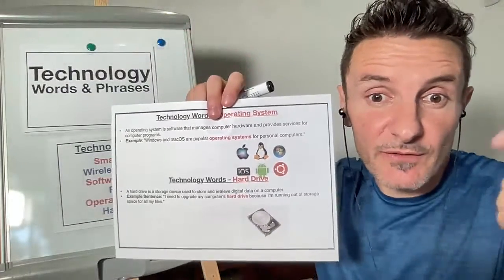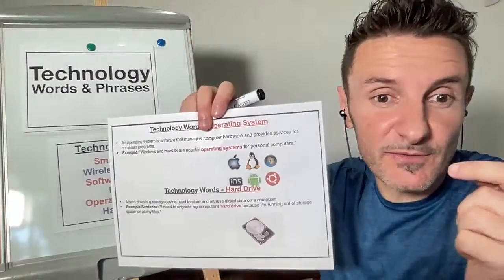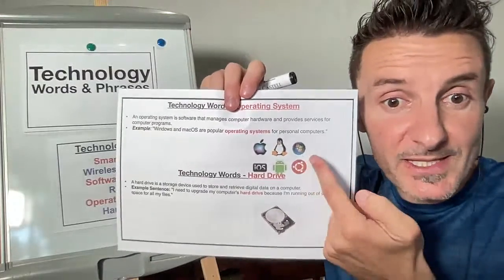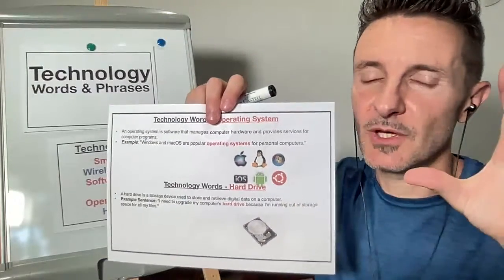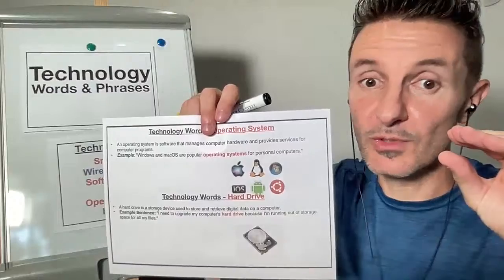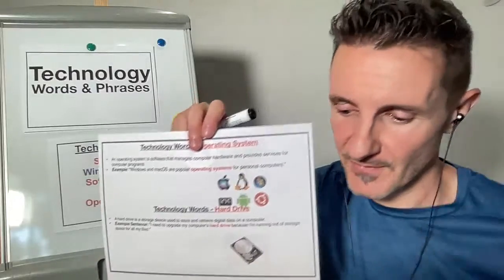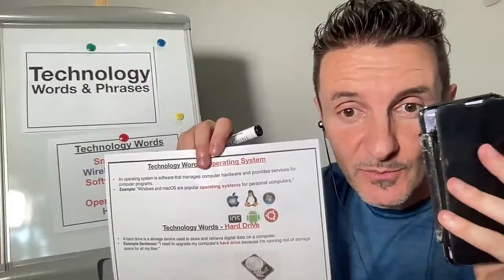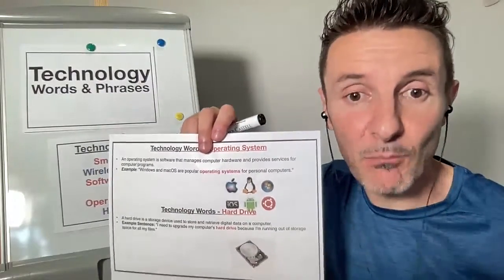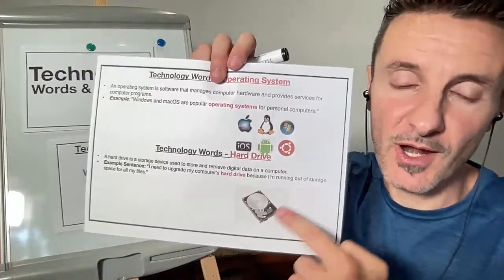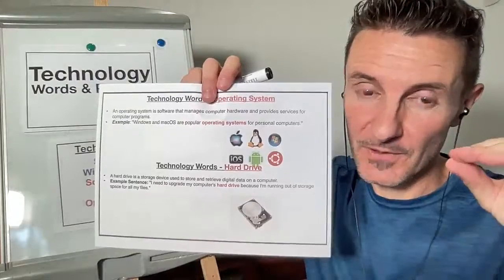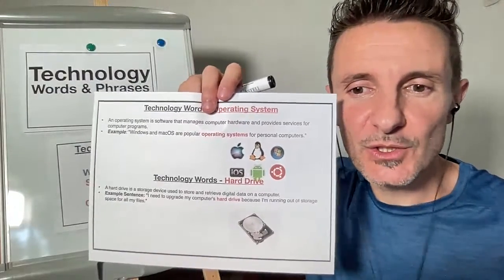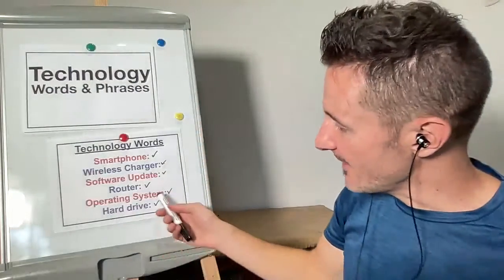When you take lots of photos, lots of video, your operating system says your hard drive is running low. You need to delete photos, right? If you don't delete your photos or your videos from here, it won't let you take more because your hard drive has gotten full. You've taken too many photos, too many videos, and that is a hard drive.